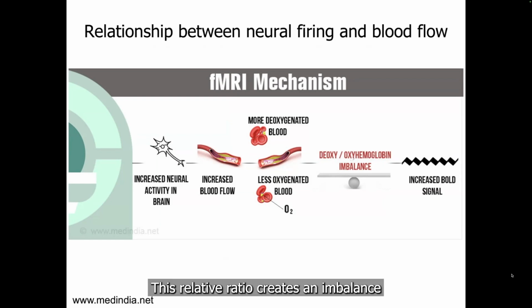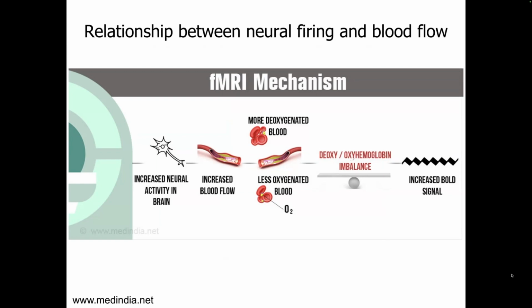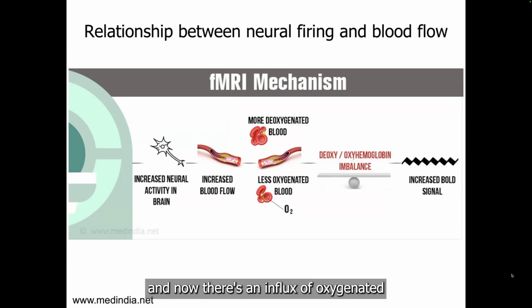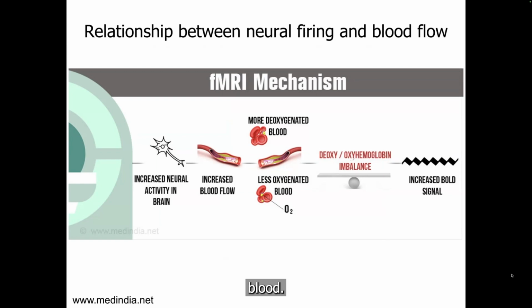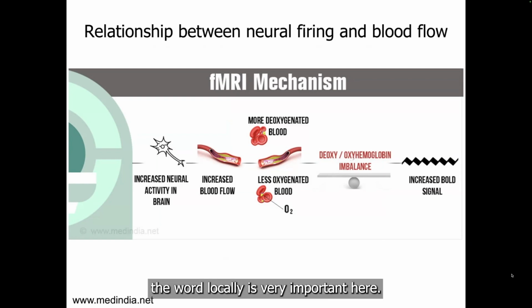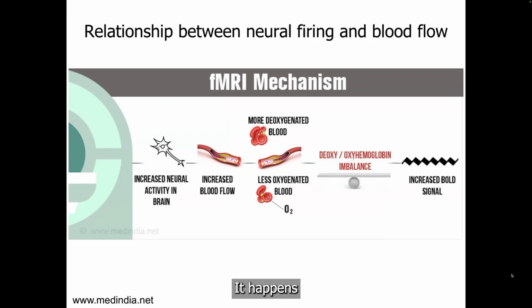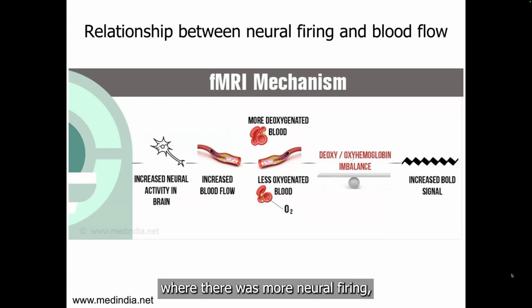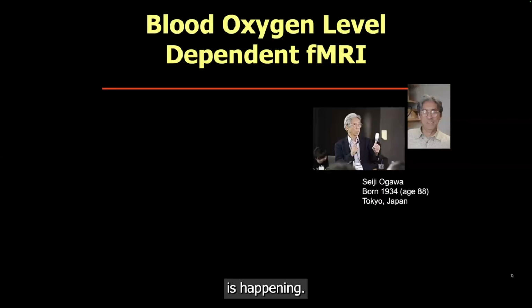This relative ratio creates an imbalance, and now there's an influx of oxygenated blood, and that increases our BOLD signal locally. The word locally is very important here. The increased BOLD signal doesn't happen across the entire brain. It happens just in the regions where there was more neural firing, which gives us an opportunity to track differences across the brain in the BOLD signal based on how much neuronal firing is happening.